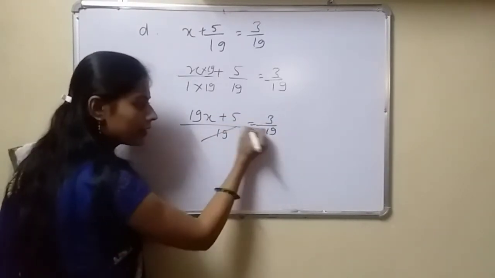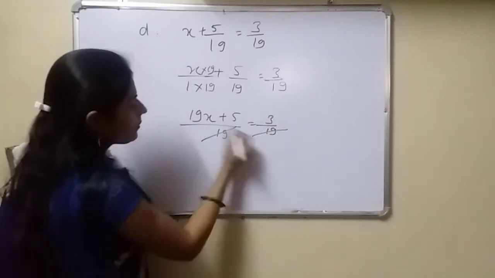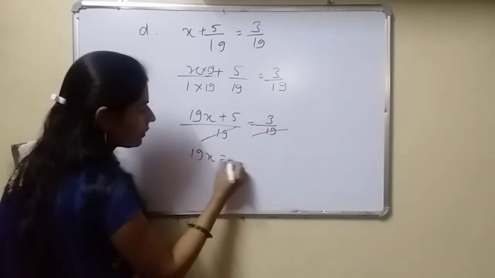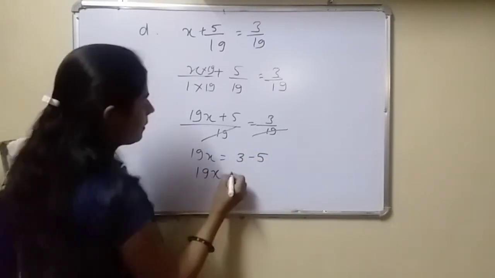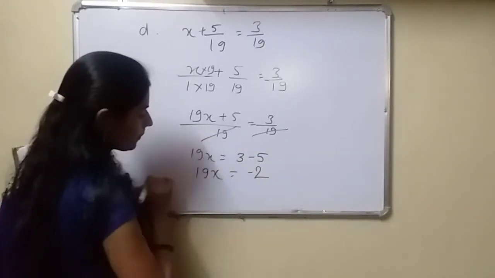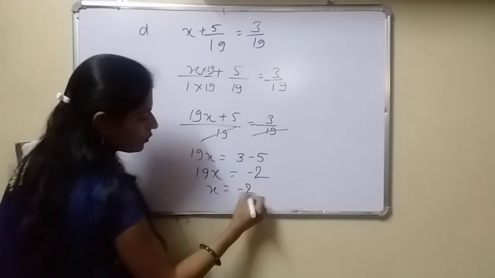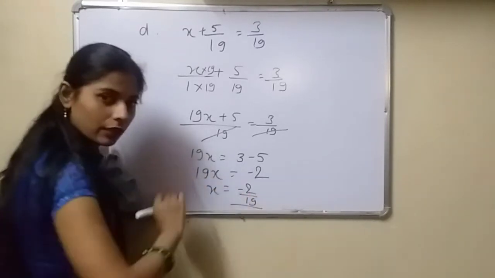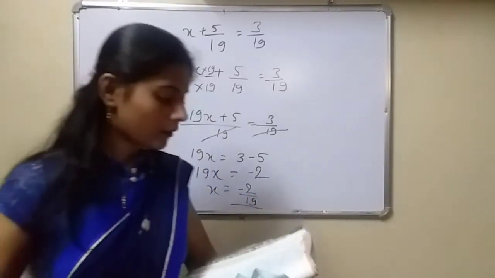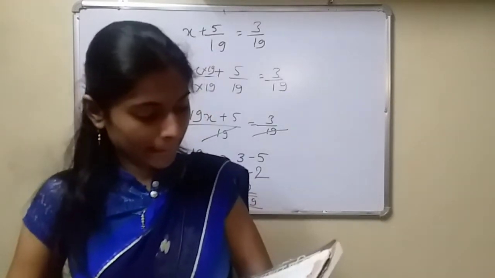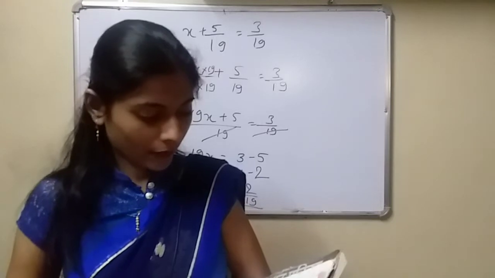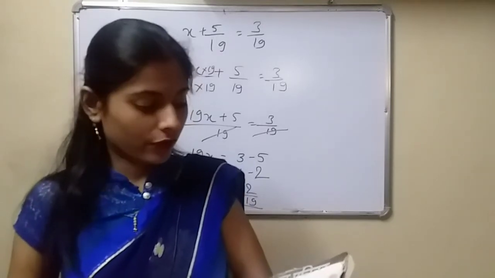Here also the denominators are the same, so you can directly cancel them. Now 19x is equal to 3 minus 5, 19x is equal to minus 2, x is equal to minus 2 by 19. This is your answer. Now E and F you can solve by yourself.